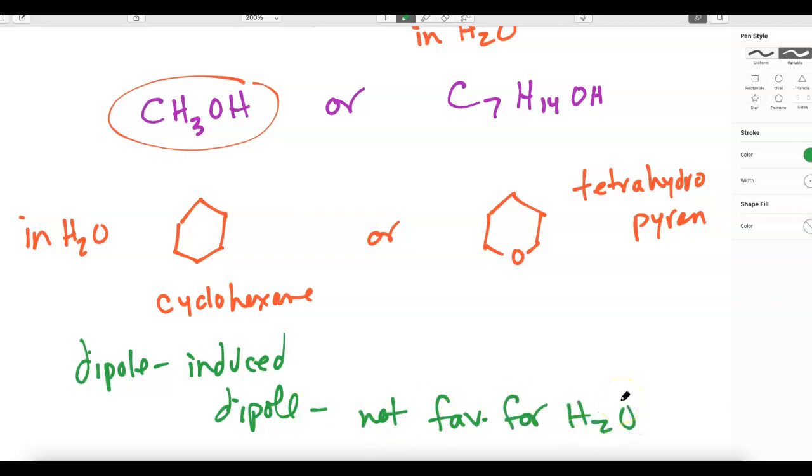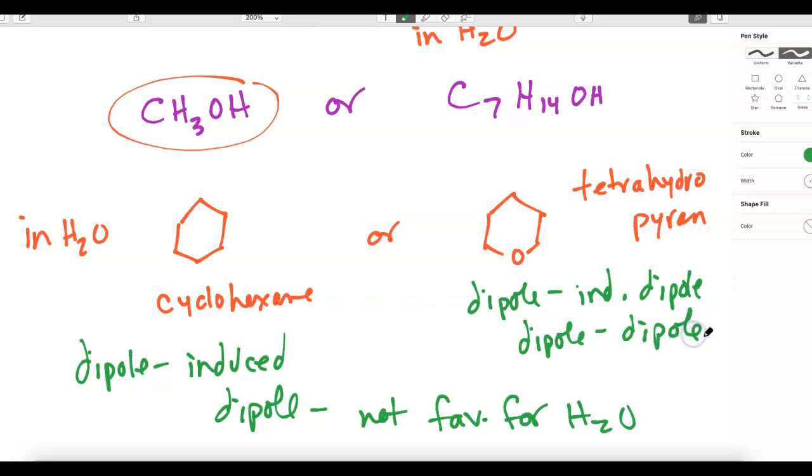The tetrahydropyran, though, has both that dipole-induced dipole, which again isn't favorable for the water. But because we've got that oxygen, we also have some dipole-dipole forces. And so this one is likely to be more soluble. Still probably wouldn't be very soluble, but it's likely to be more soluble.